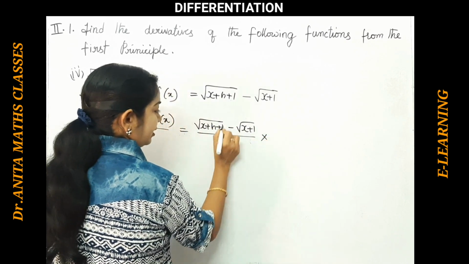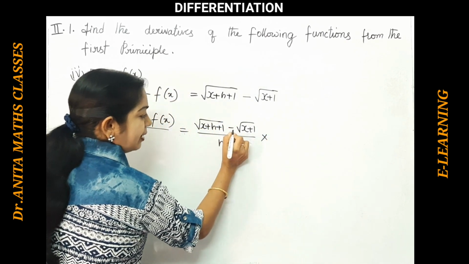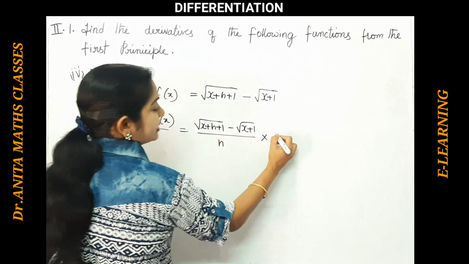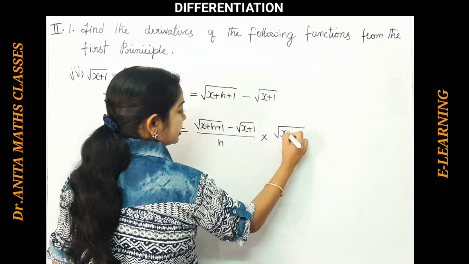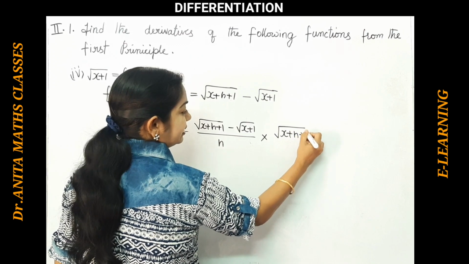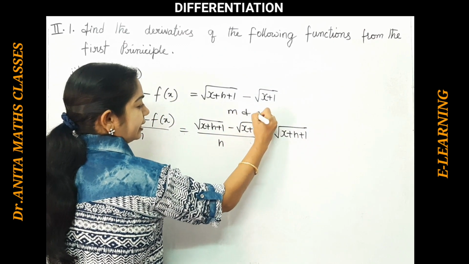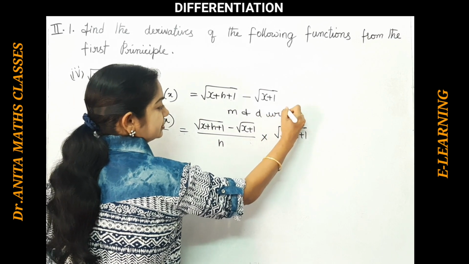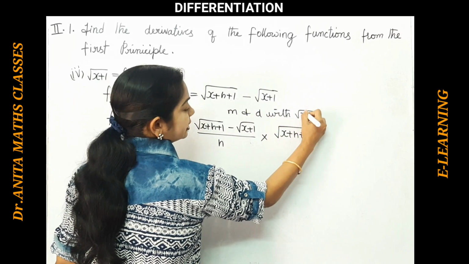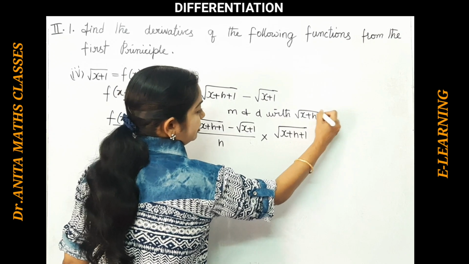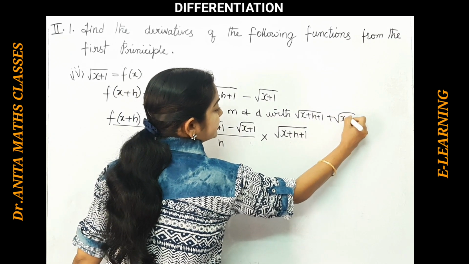So let me take under root x plus h plus 1 plus under root x plus 1 as the conjugate. I will multiply and divide with under root x plus h plus 1 plus under root x plus 1.